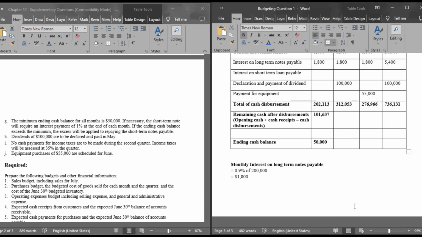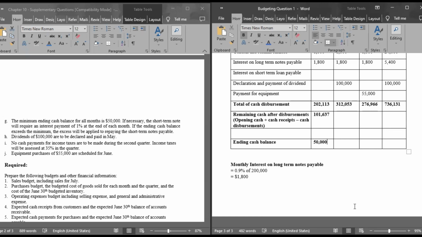If there is an amount above 50,000, we will write down that amount. And if it is below 50,000, then we have to borrow the amount from the short-term notes payable to fulfill the requirement of a 50,000 minimum balance.